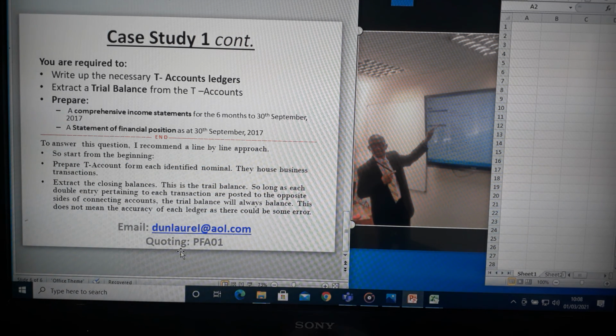This is how to deal with things stage by stage, methodically. That is why we're using the line-by-line approach in dealing with our bookkeeping, accounting, and transactions. Then you have to extract the trial balance from all you've done and prepare the income statement and the balance sheet as required. This is the way you should do it. Take it step by step.